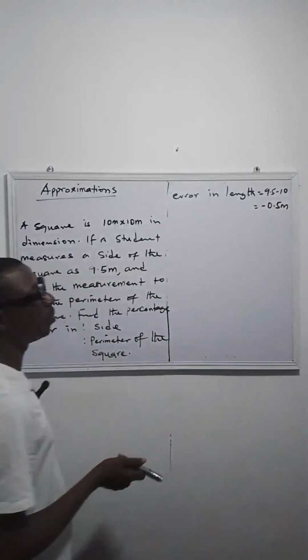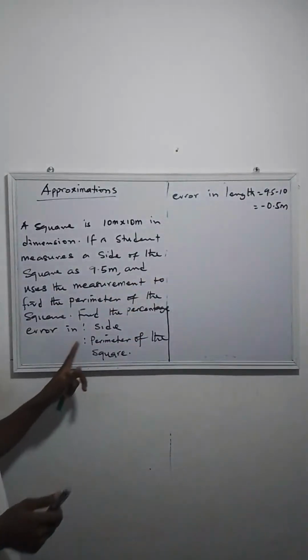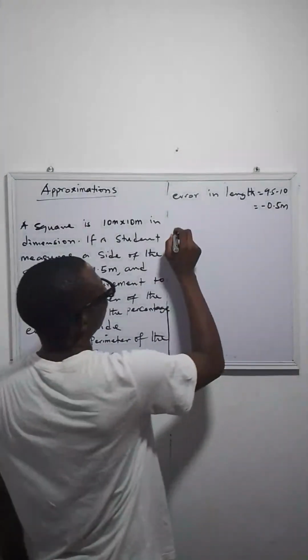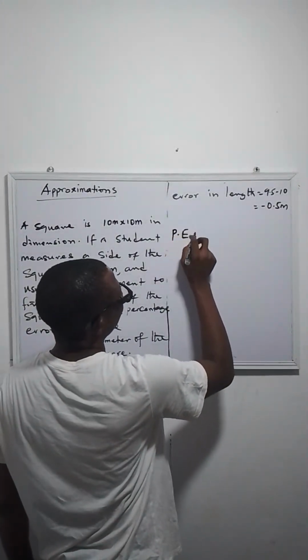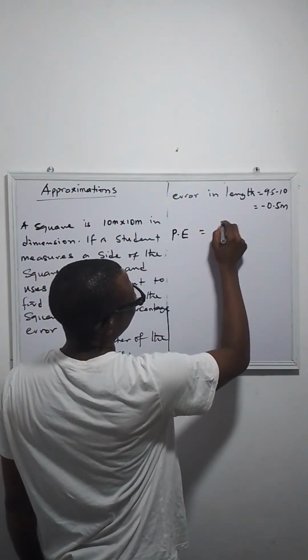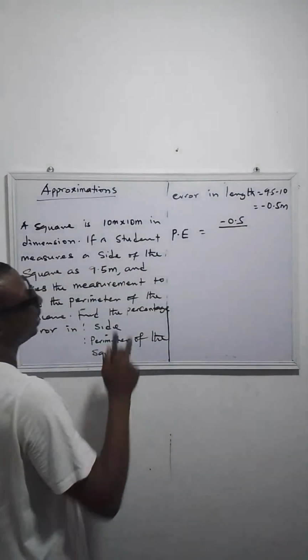So this is the error made by the student. So let's get the percentage error in the side. The percentage error in length of the side is going to be the error, negative 0.5, over the actual length.